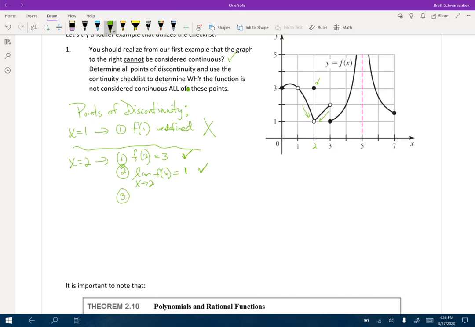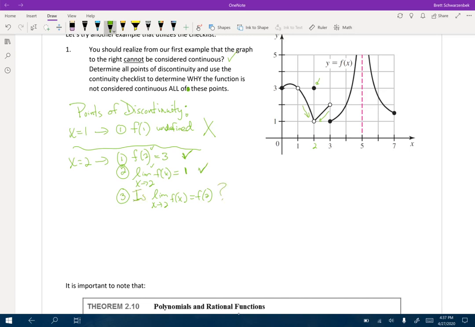What about 3? Number 3 asks, is the limit as x approaches 2 of the function equal to f of 2? So note, what is that? That's this and this. Don't we have those numbers? I don't know why I wrote if. It should say is. Is this the same?